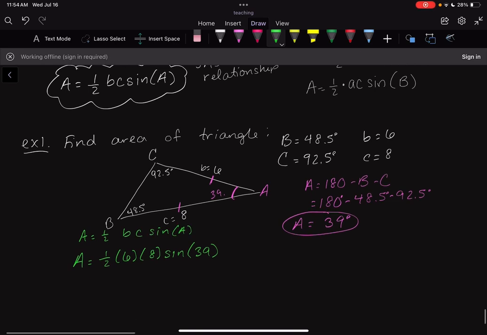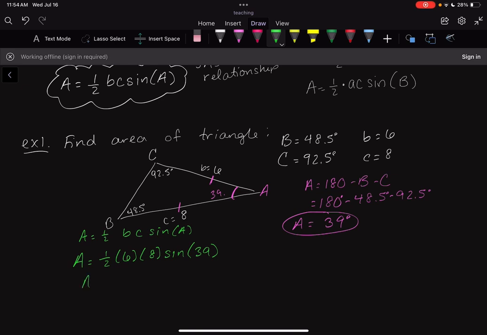I always exercise caution about strictly using those formulas, like needing it to be B, C, and A, because it is always possible that maybe you have different angles and sides, and you'll still need to use the formula. So I think it's a little better to understand that it's just a side angle side relationship. Might make it a little easier when the questions change.